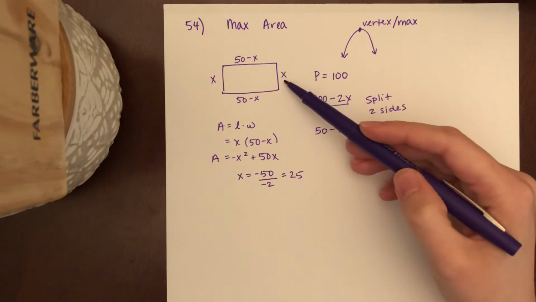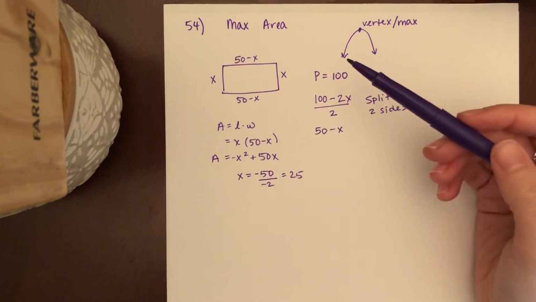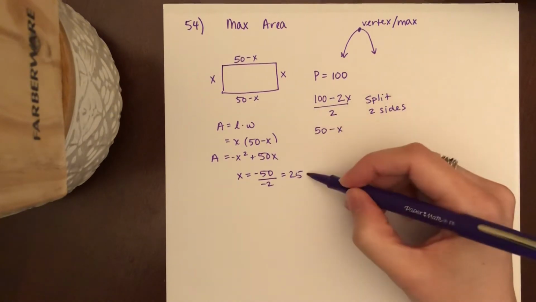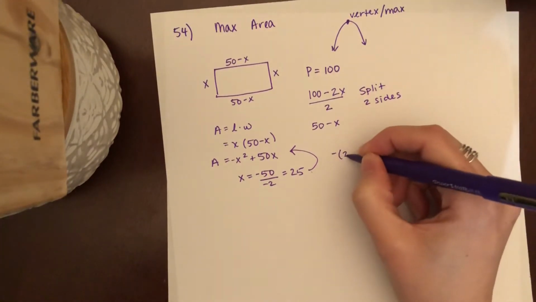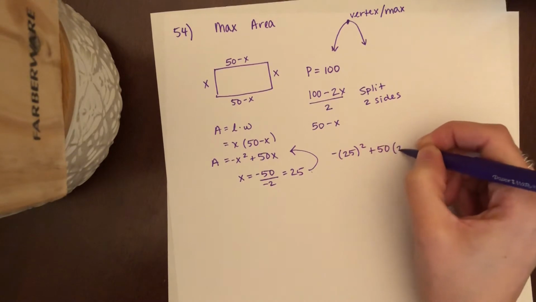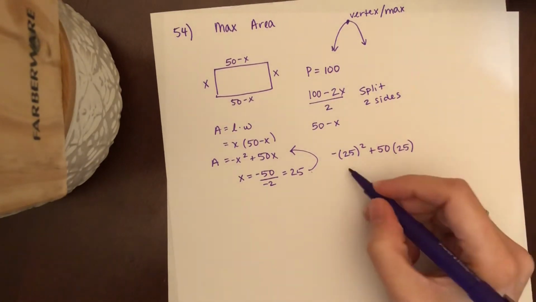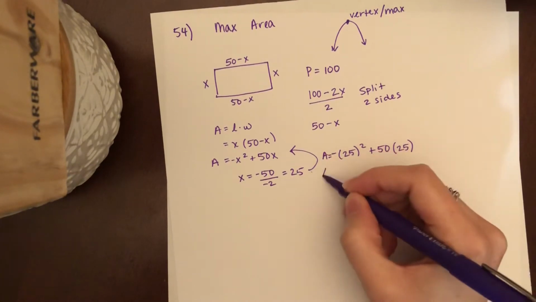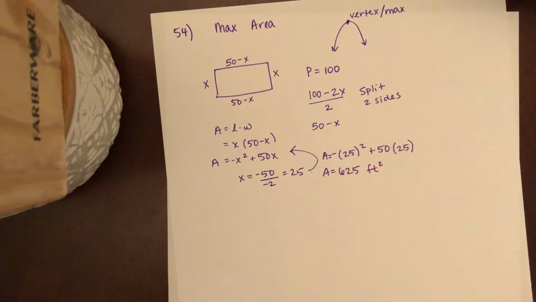It's just saying one of the dimensions is going to be 25 feet. If we want the maximum area, we're going to have to plug it back in just to figure out what the maximum is, which is the y value. So in this case, we get an area of 625 square feet.